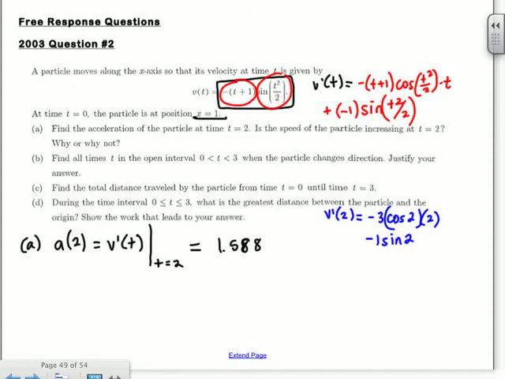So I have negative 6 cosine of 2 minus sine of 2. And it'd probably be okay to actually leave your answer like that. Yep, it's the same thing.